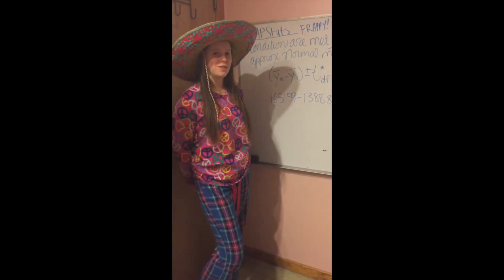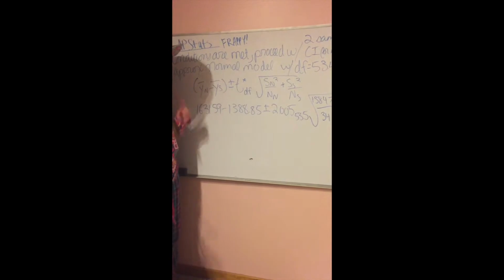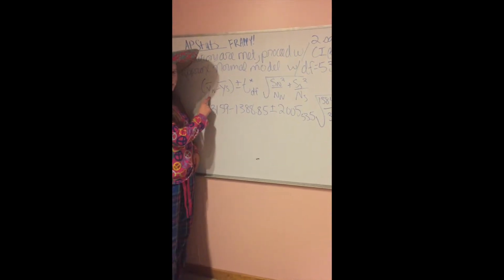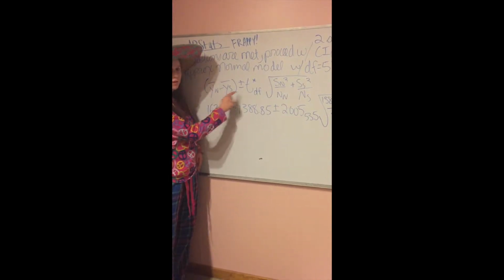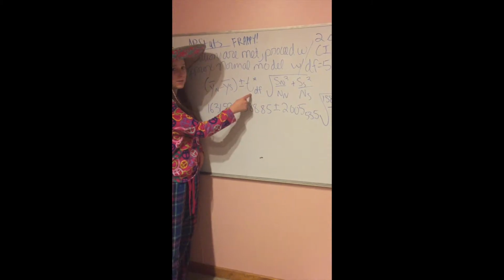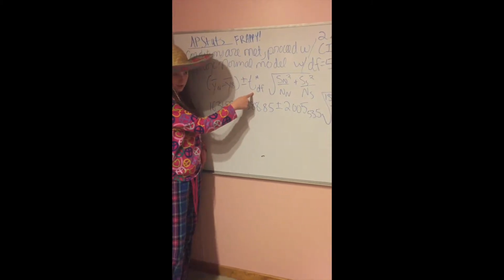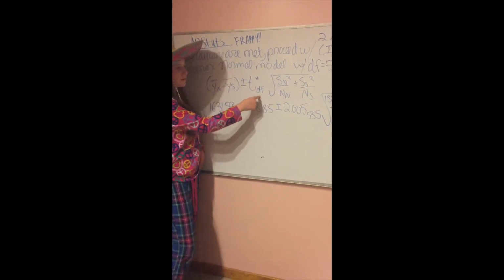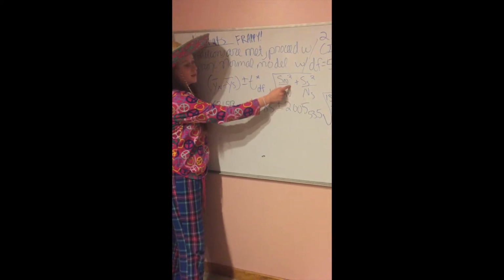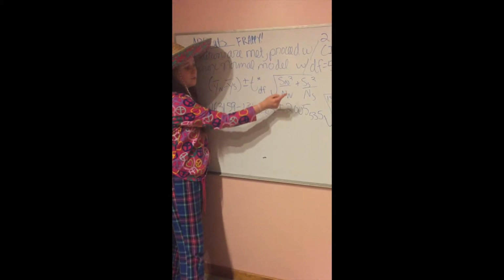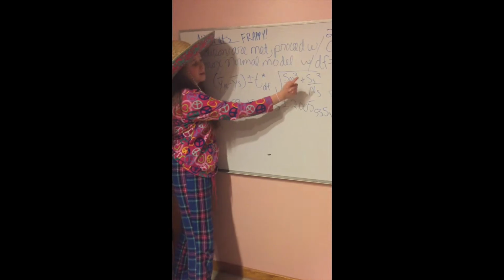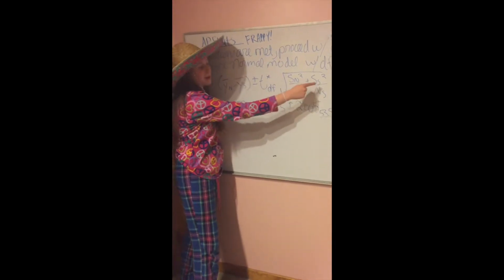The formula for this is y bar of the north minus y bar of the south, plus or minus t-score, which I will show you how to calculate later, with degrees of freedom, times the square root of standard error of the north squared divided by sample size of the north plus standard error of the south squared divided by sample size of the south.